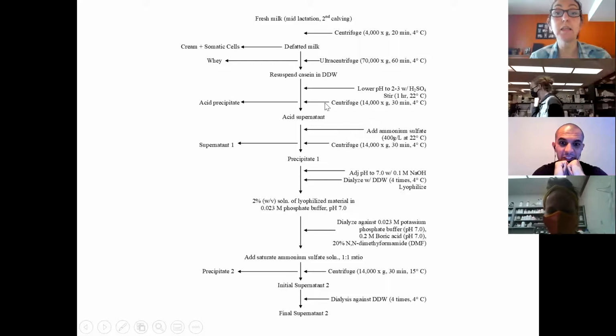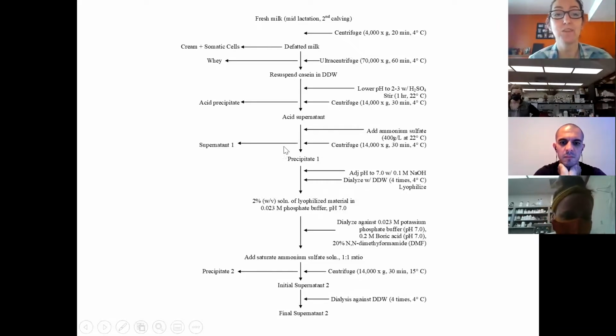All right, and then in that casein, you acidify, and you get an acid precipitate, you throw it away, and take your supernatant, and then you do salting out. Then you throw away the supernatant and take the precipitate.